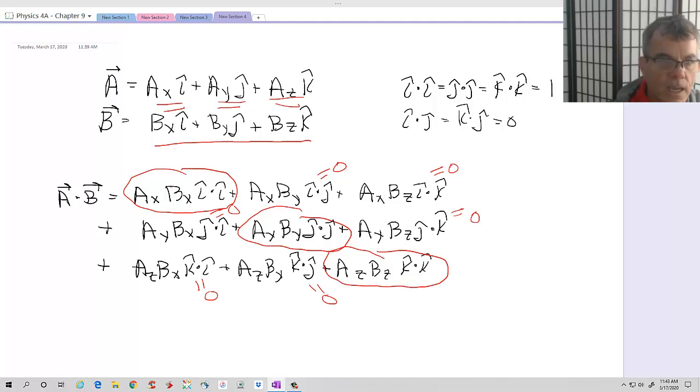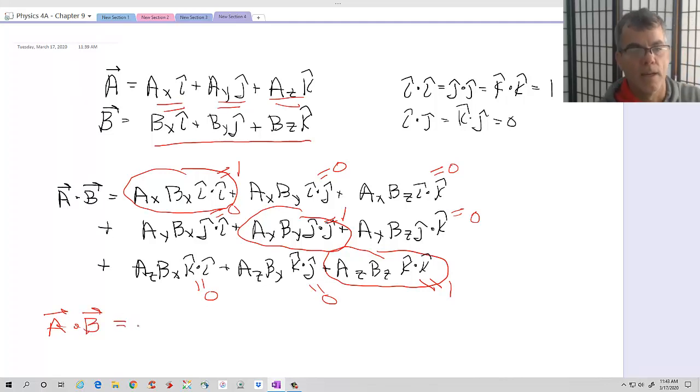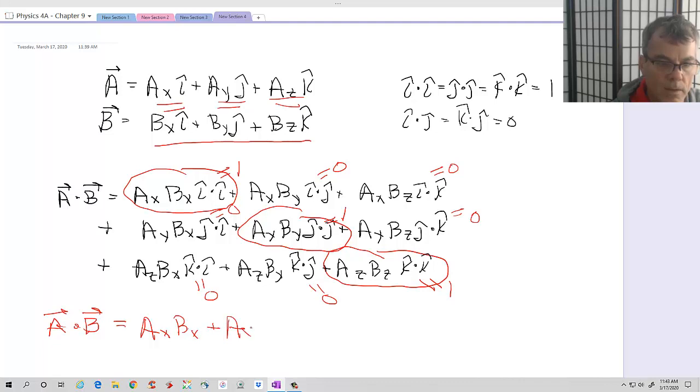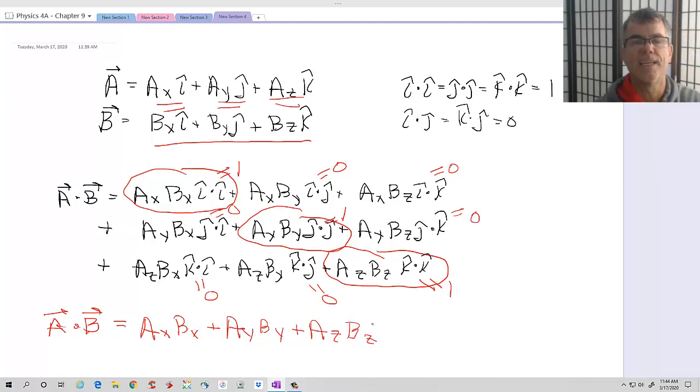And since I dot I is just 1, j dot j is just 1, k dot k is just 1, the end result is, if I have x, y, and z components of the 2 vectors a and b, the dot product can be written as ax bx plus ay by plus az bz. And that's it. That is the dot product.